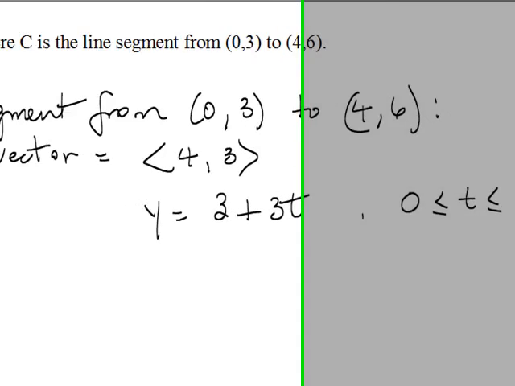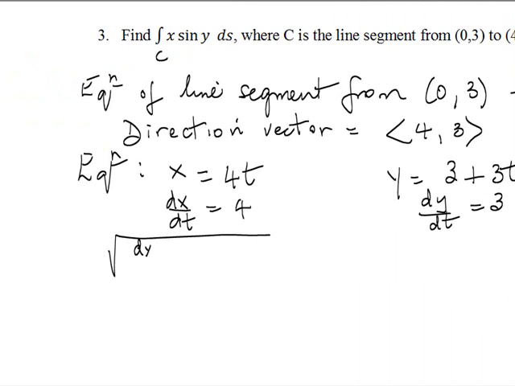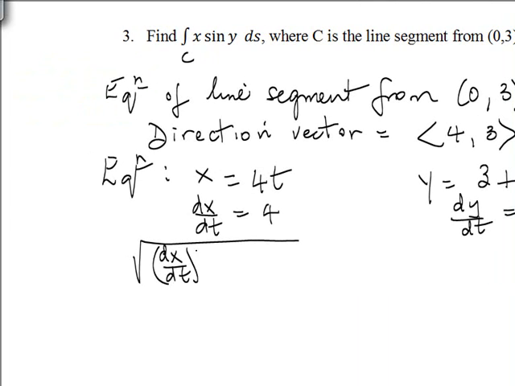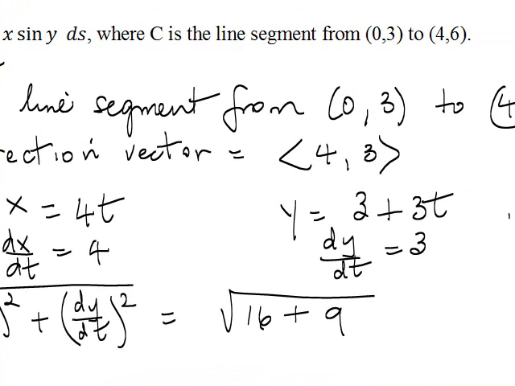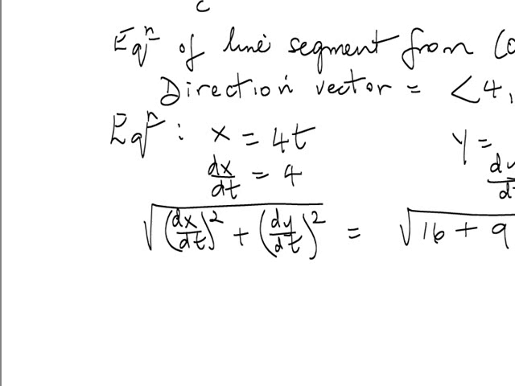Let's differentiate. dx/dt equals 4, dy/dt equals 3. So the square root of (dx/dt) squared plus (dy/dt) squared equals the square root of 16 plus 9, and that is 5. So what is the integral becoming?